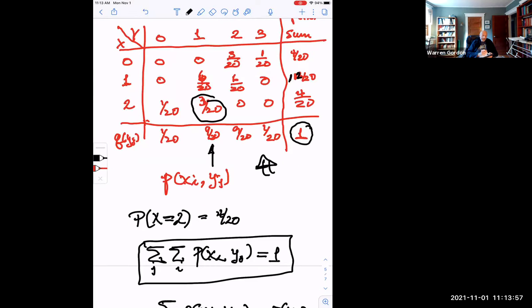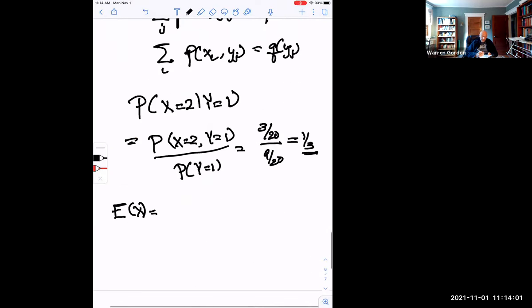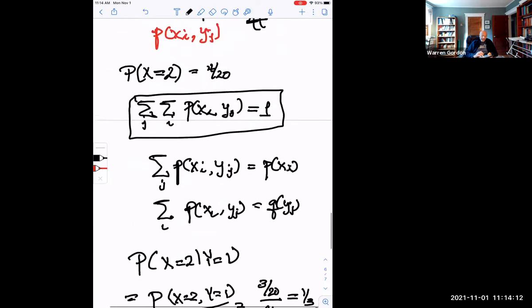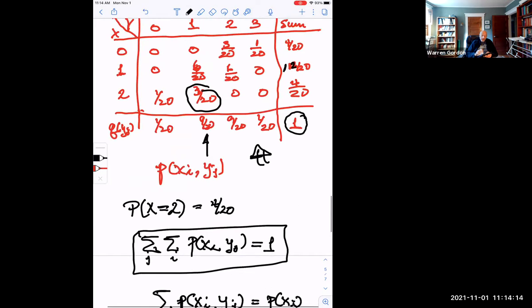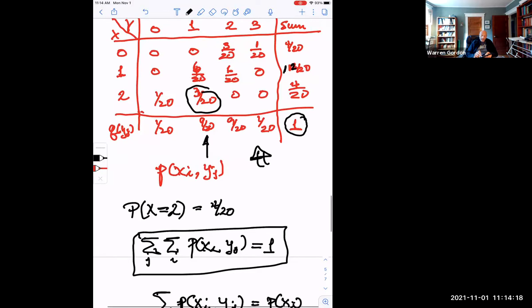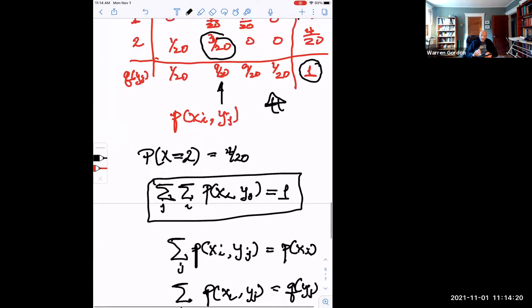E of x is equal to the summation of x of I times P of x of I. So in this case, what are the values that x can take? You take 0 with probability 4 out of 20, 1 with probability 12 out of 20, and 2 with probability 4 out of 20.